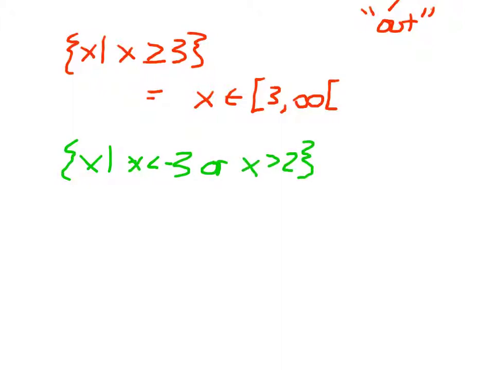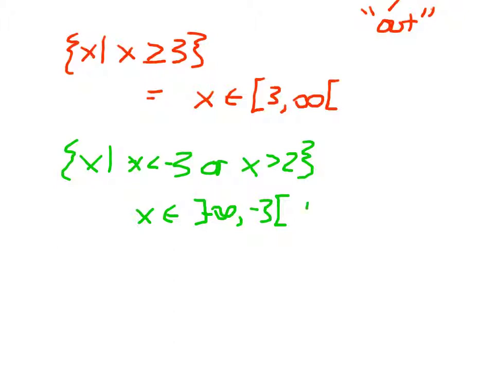In this case, using square bracket notation, we could write it as x is a member of, and here we're going to use an open bracket, or bracket pointing away, for -infinity, comma, -3, another open bracket because -3 isn't included.